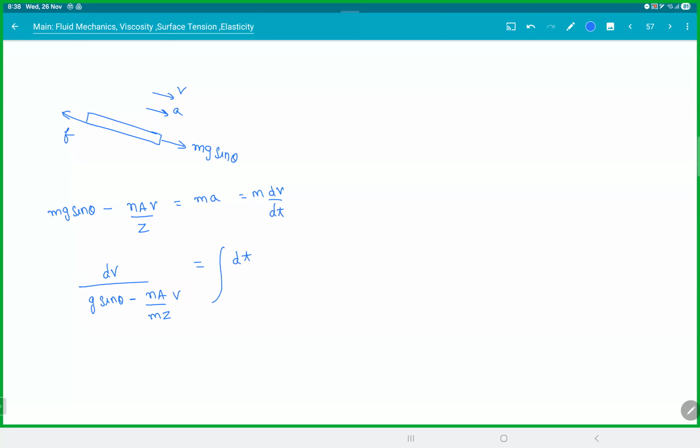Integrate 0 to v, 0 to t. This will be mz by eta A ln of (g sine theta minus eta A v by mz), and when you put 0, you'll get g sine theta.